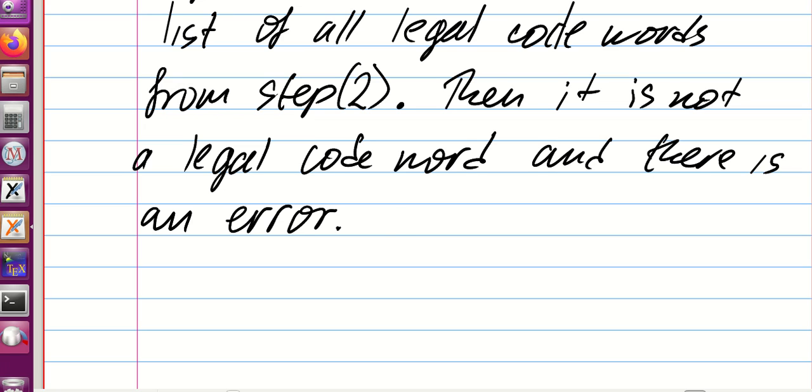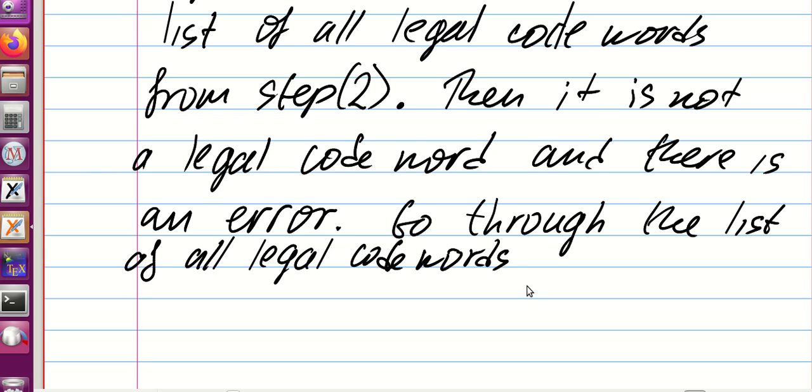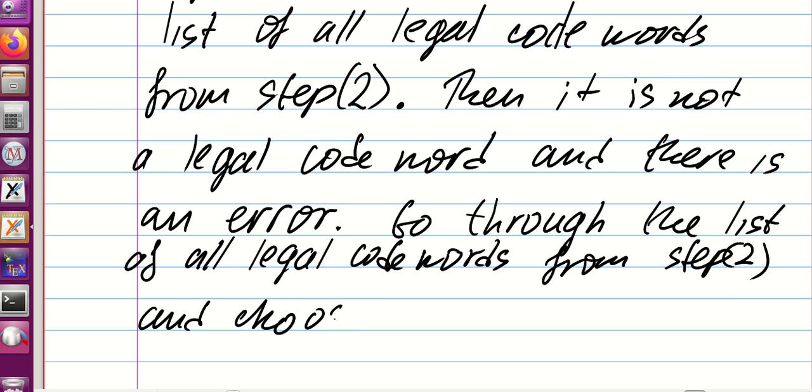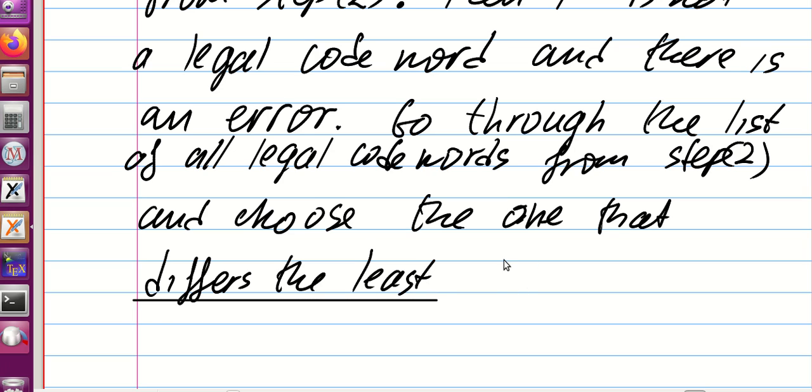We go through the list of all legal code words from step 2 and choose the one that differs least from the code word in question.